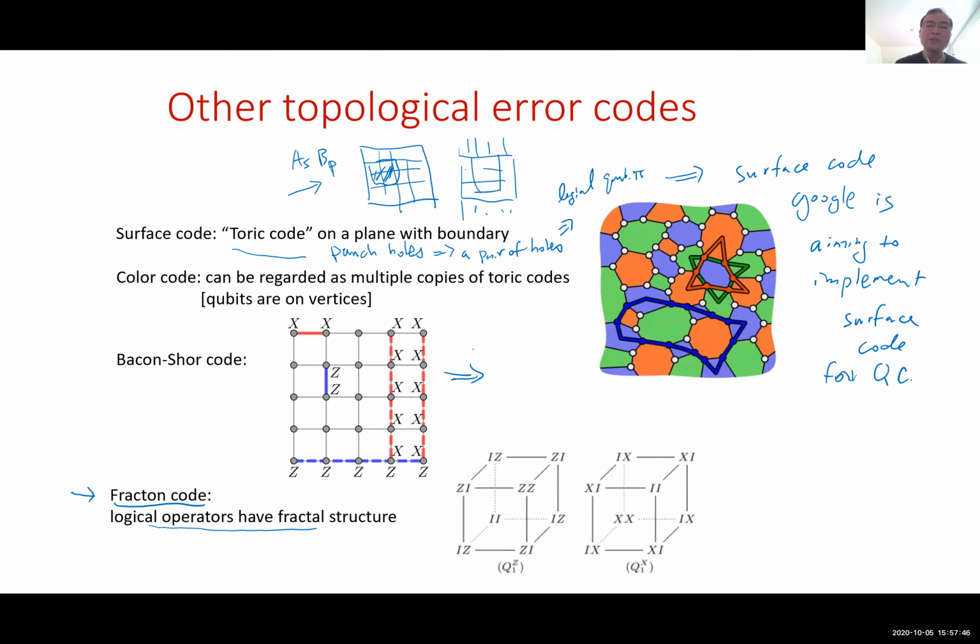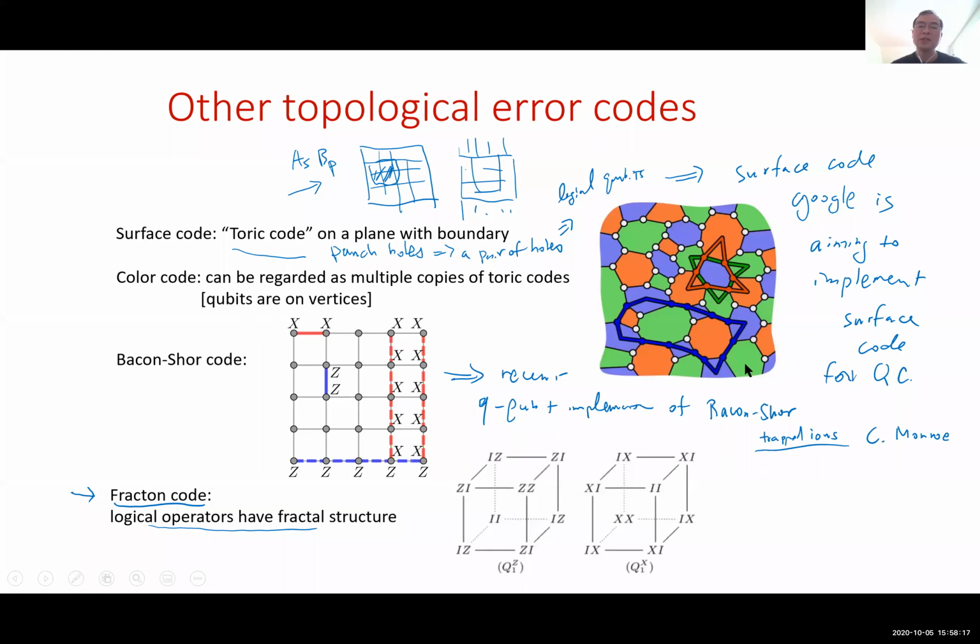Actually, there is a recent 9-qubit implementation of the Bacon-Shor code using, I think, trapped ions in Chris Monroe's group.